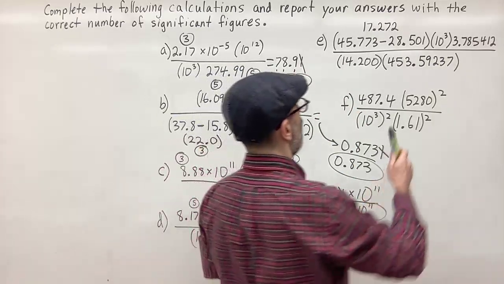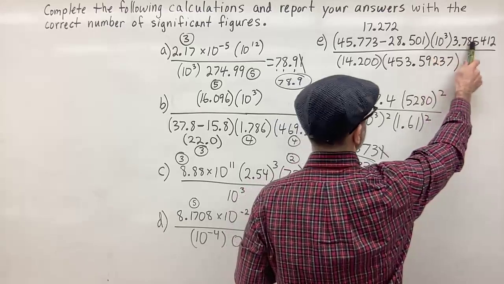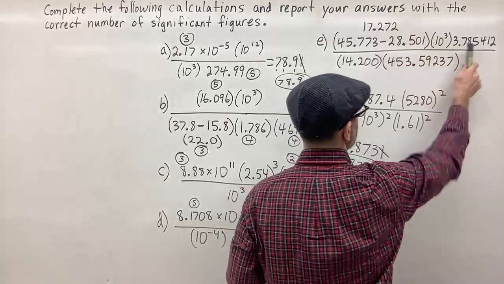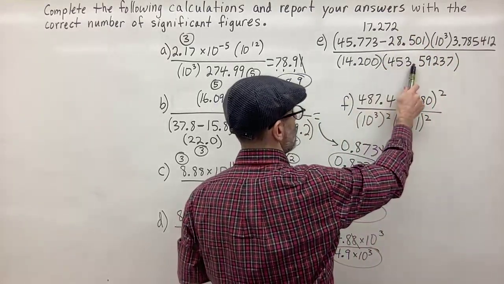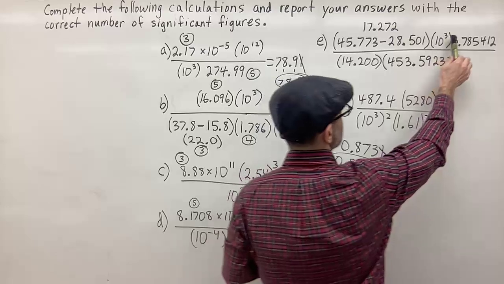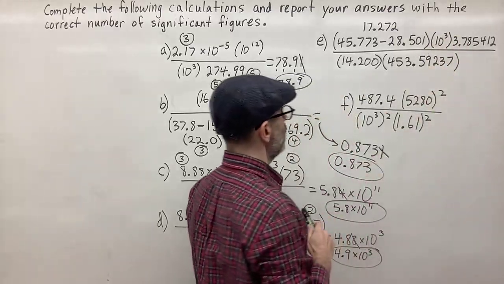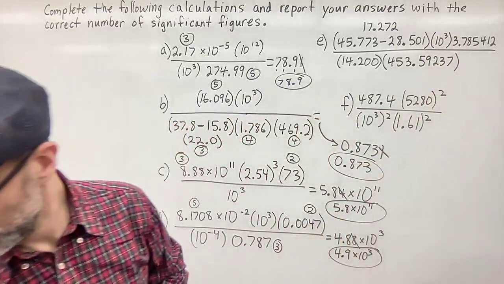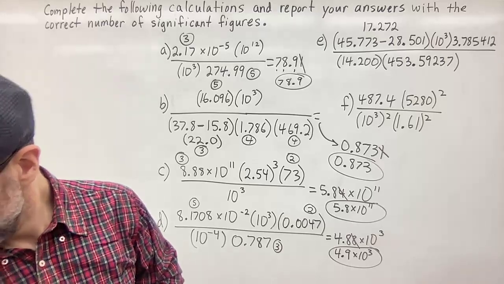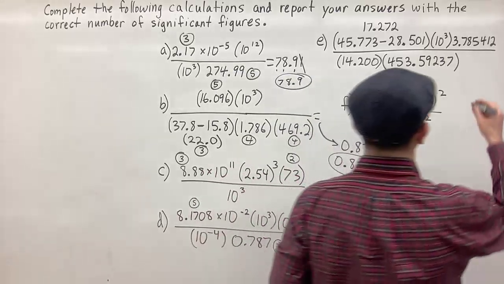So now I'm going to multiply all of these numbers here, this number, this number, this number, and multiply and divide by these numbers. Remember, this is an exact number. So when I calculate that, I get 10.1508.